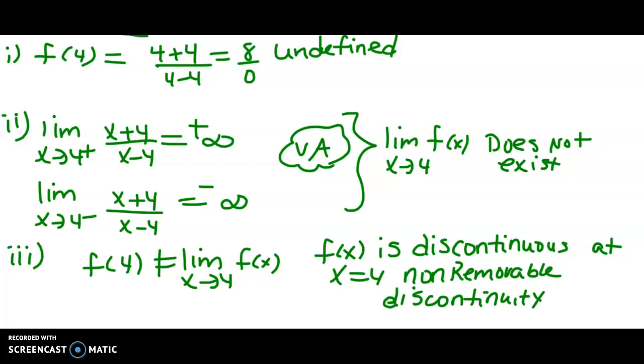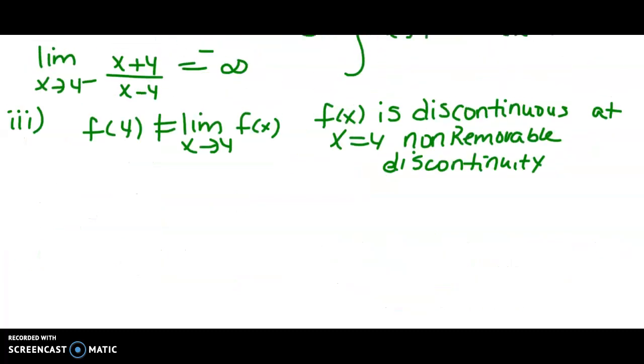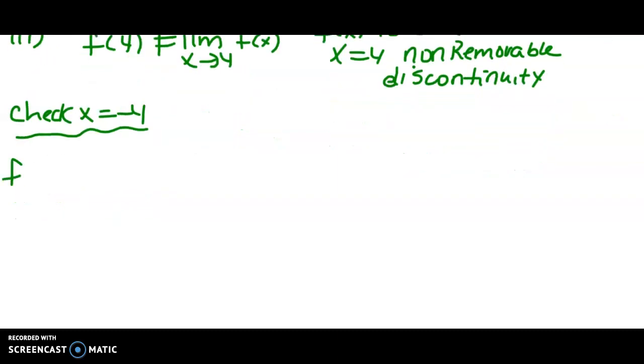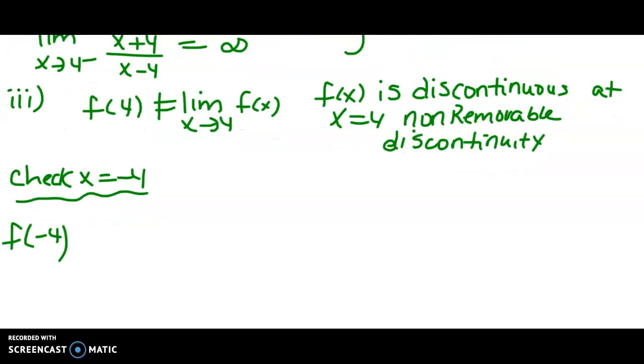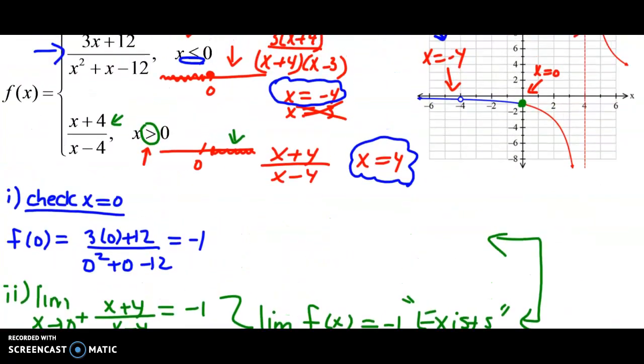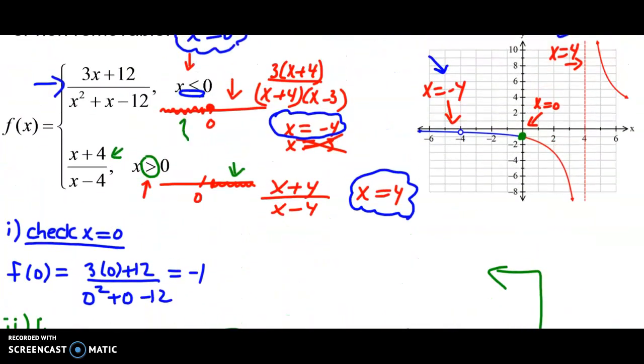And the third and final check will be the other non-permissible value, which was -4. Now remember what happened at -4 on our graph? It was a point of discontinuity. So f of -4, again, which function do we choose? Just to show you, -4 is in this interval. So I'm definitely going to use this function.